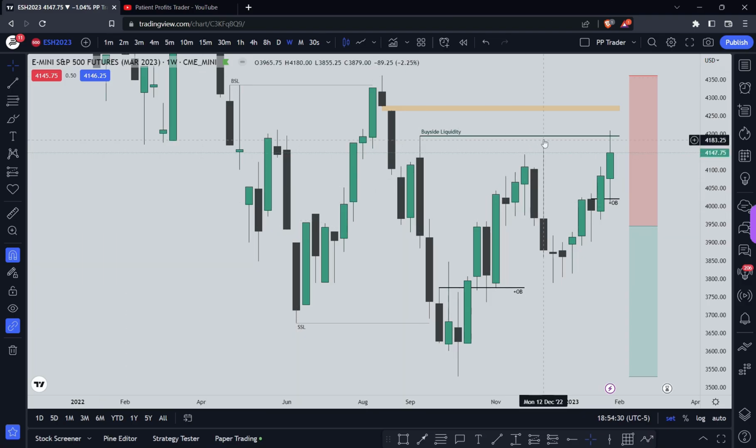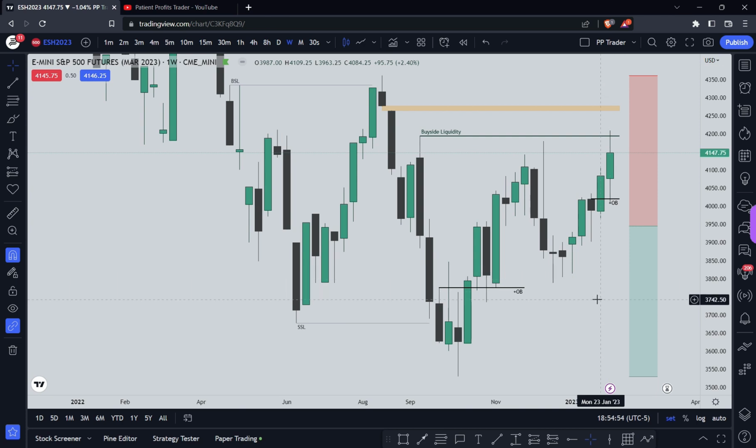And in that video, what I discussed was for this particular week, these two relative equal highs were my interest points. I felt that they looked like resistance. It would look like resistance to most retail traders, and the algorithm would likely seek to take that out.